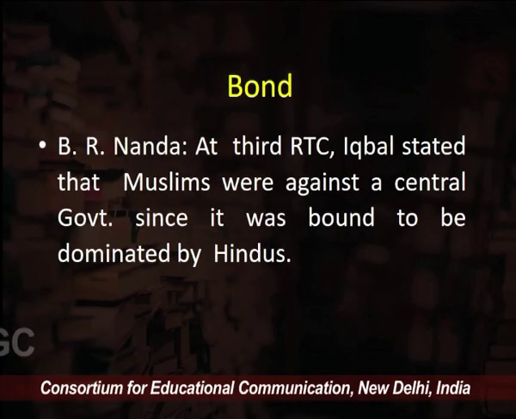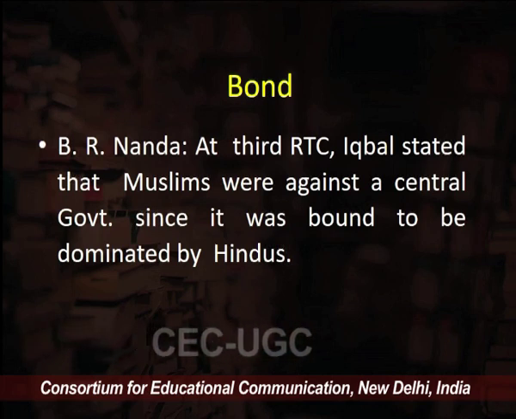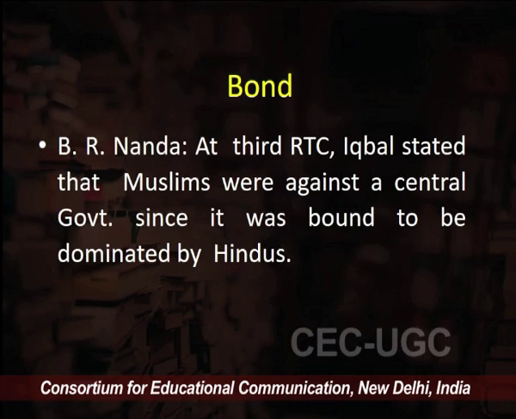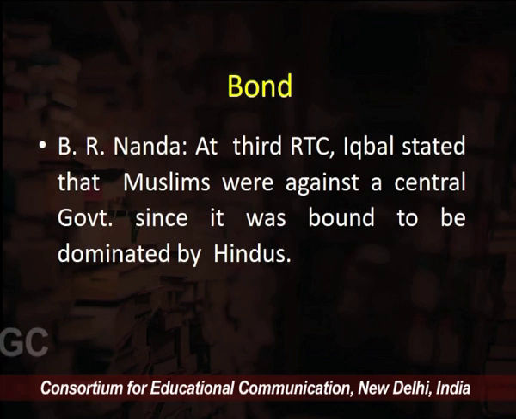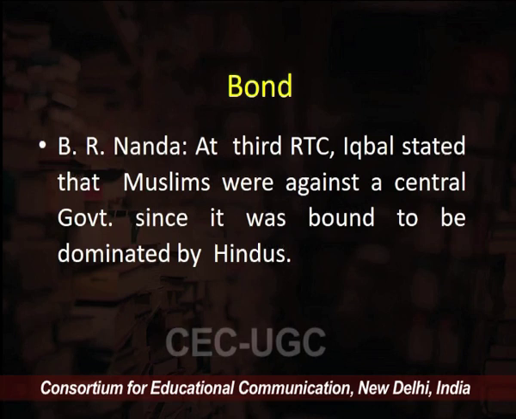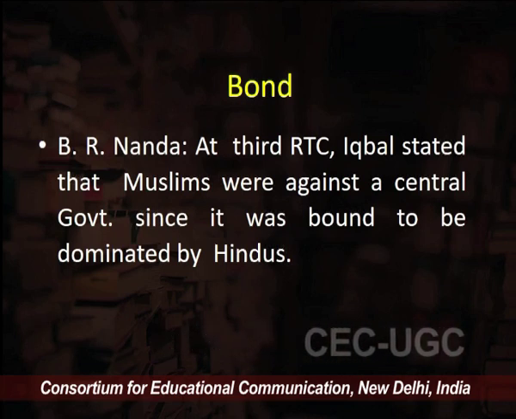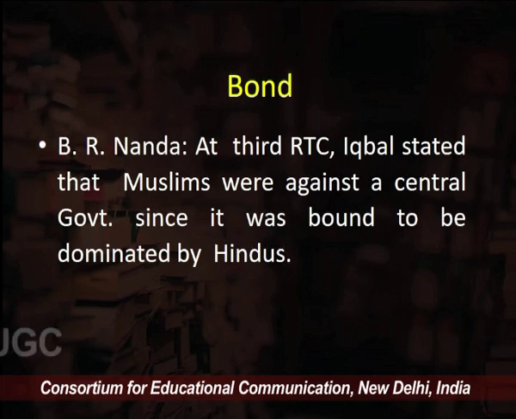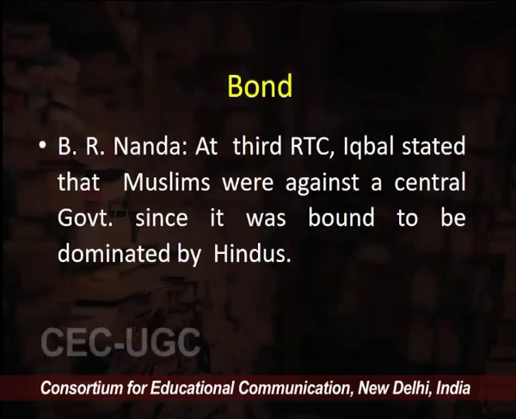And we also see that other scholars have noted that during the third round table conference, for example, Iqbal stated that Muslims were against a central government, since it was bound to be dominated by the Hindus. B.R. Danda has talked about how Iqbal stated this argument, and such arguments were circulating at that point of time.